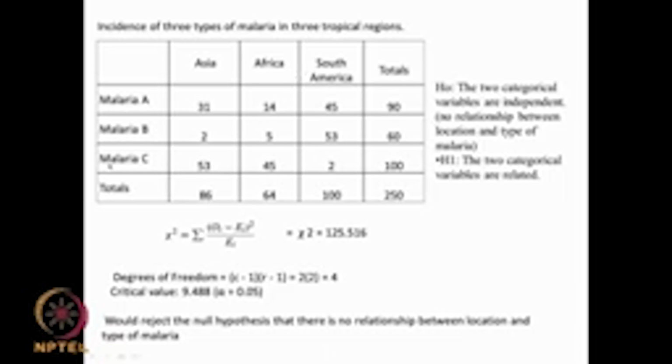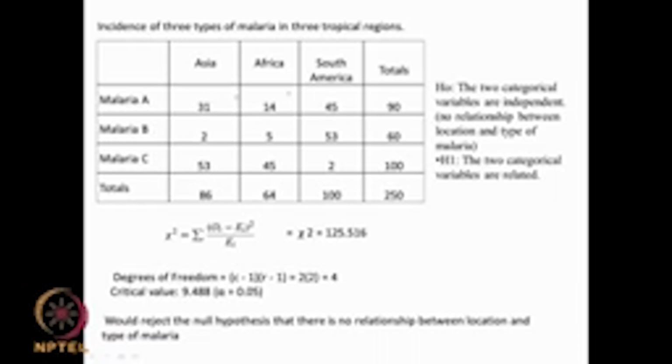The alternate will be that these 2 variables are related to each other, okay. So, if there are 90 cases, we expect that all of them should be there in all the countries, okay, because we do not expect any sort of correlation or relationship in this entire situation, okay.